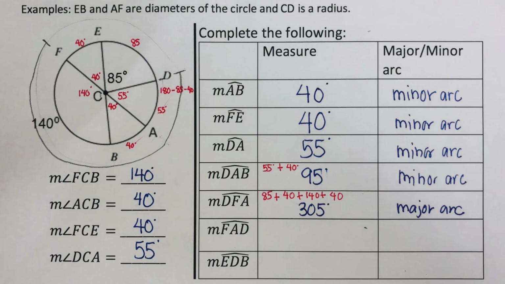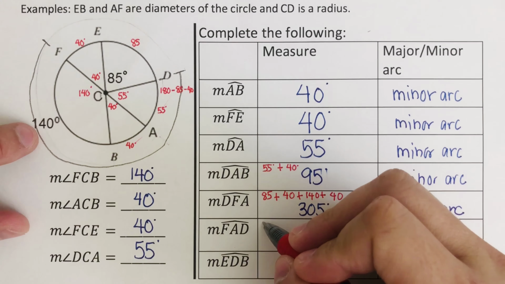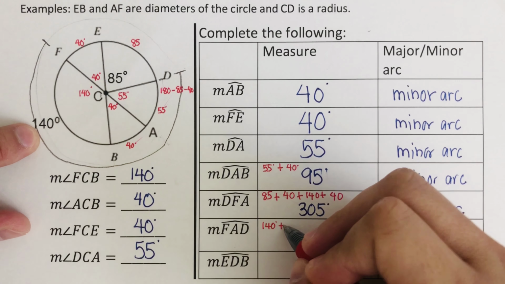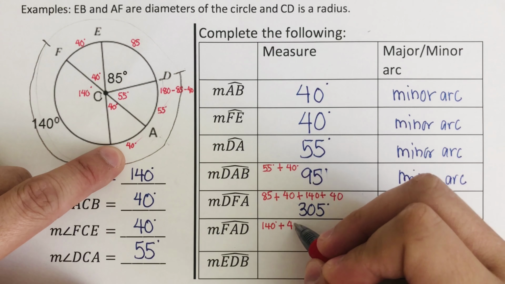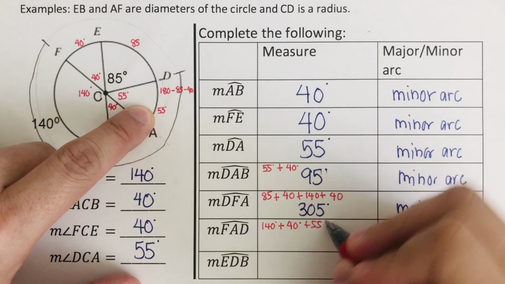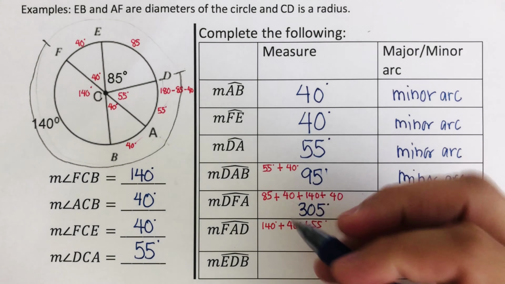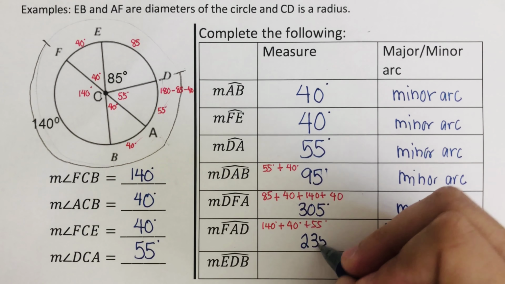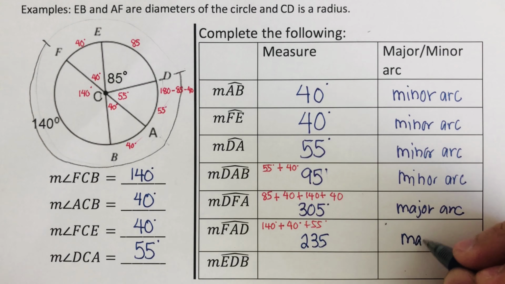In order to find it, we're adding 140 degrees plus 40 degrees plus 55 degrees. If we do the math, it is 235, and this is a major arc.